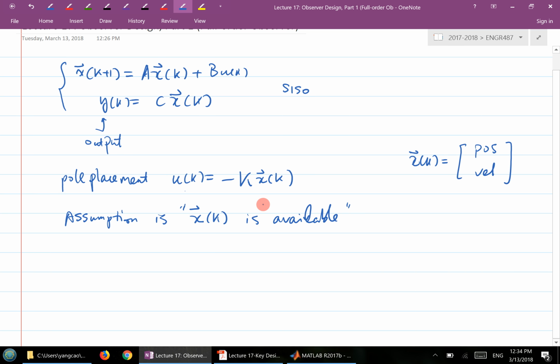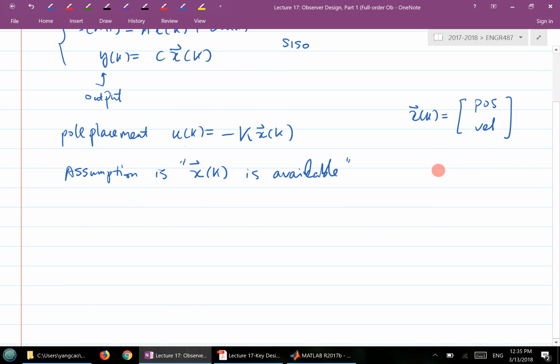However, not all the time are the state variables available. For example, what if you only have a position sensor but no velocity sensor? Then you don't have a direct measurement of the velocity, which means this state vector is not completely available. If it's not completely available, then what do we do? We cannot just use this formula, negative k times x, because this one is not available.